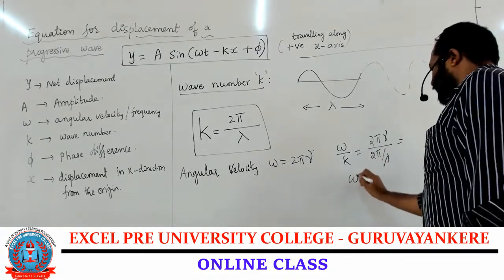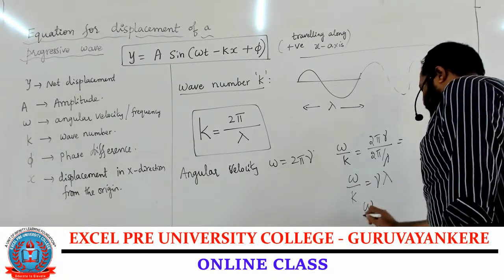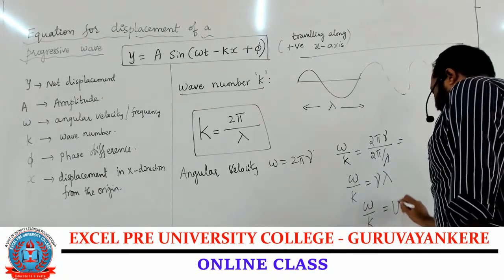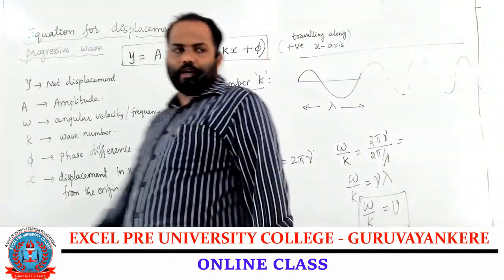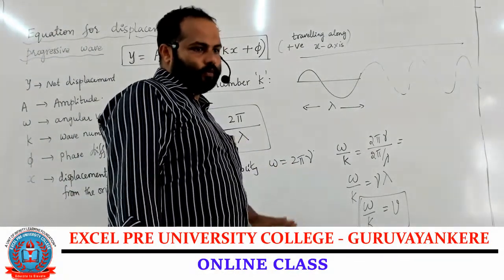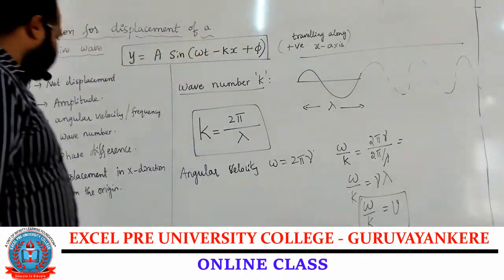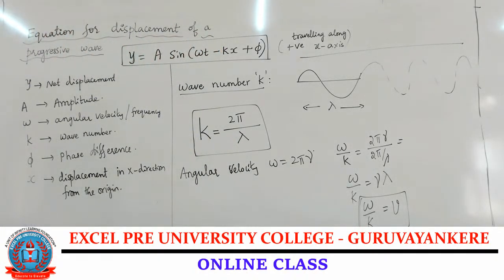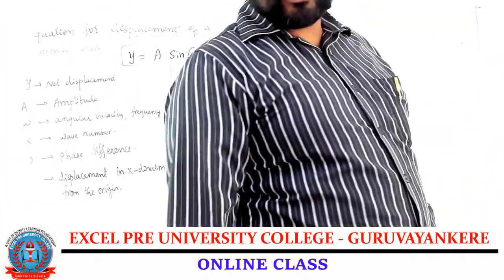So omega by k is nu lambda, which we have seen is the velocity of the progressive wave. These are the formulas, please remember them for your competitive exams.